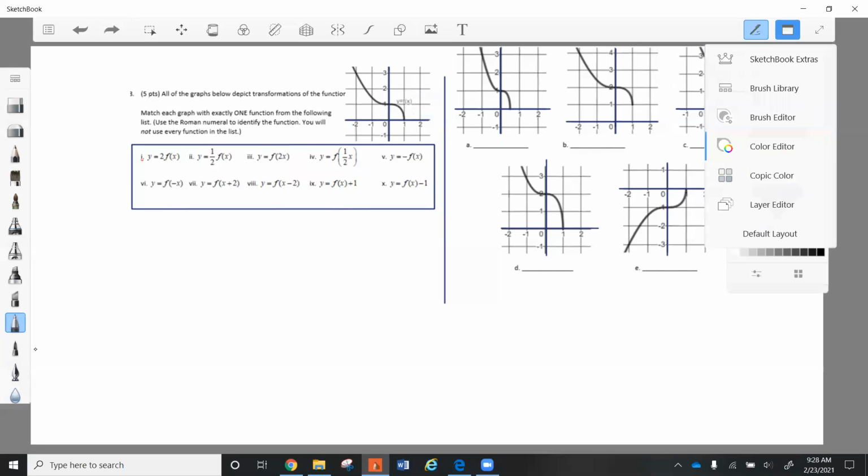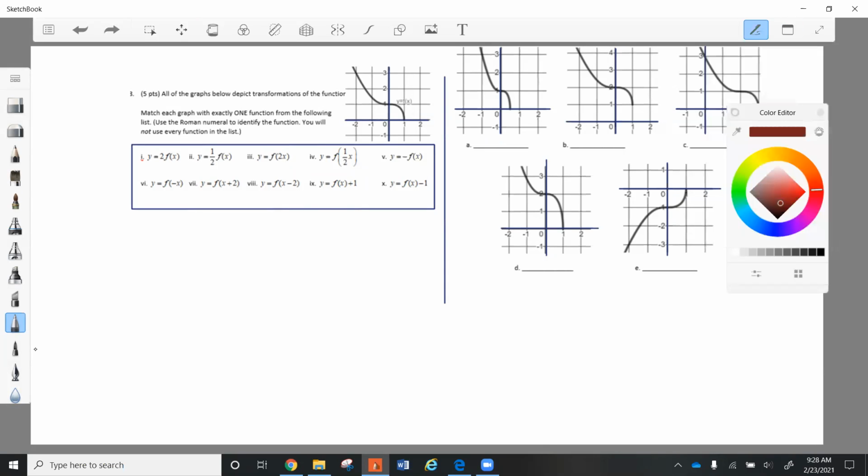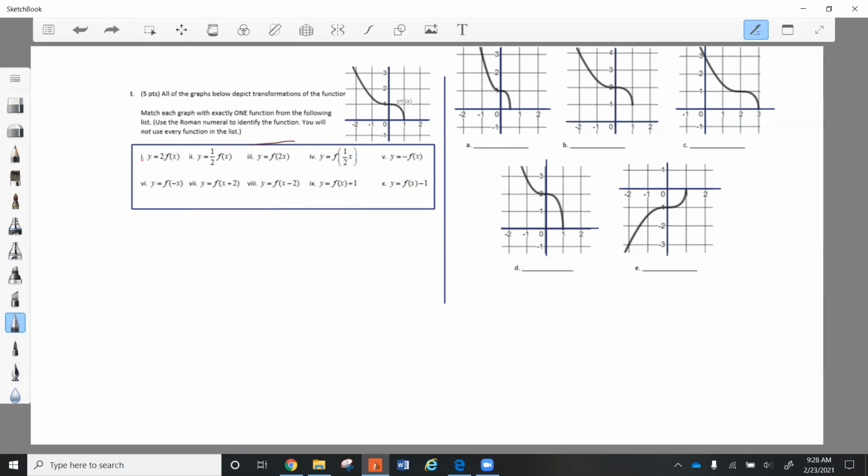Let me switch colors so it's really easy to see what's going on. The original graph was this one. It went like that. And these points are half the x value that they used to be, those x values are cut in half. This is a key point, and this is a useful point, and this is a useful point. Those points are key points that are useful to pay attention to. So that was 3.